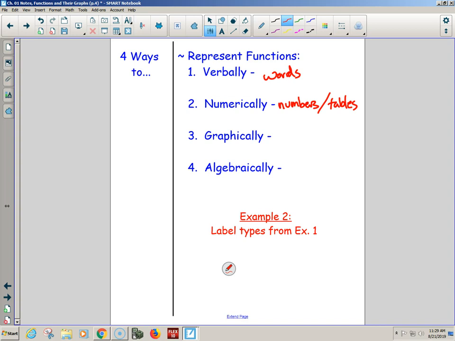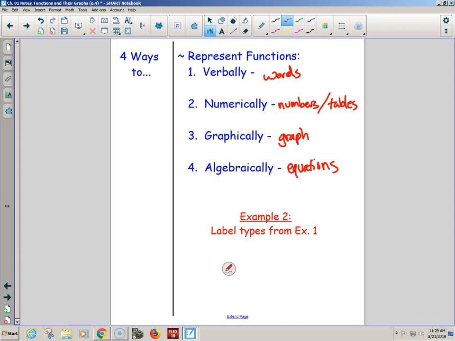It would still be a table, but it could be given to you different ways. If you went out in the street and did polls of people, you could have little slashes keeping track of who answered certain questions certain ways. That would be an example of numeric data, even though you don't necessarily have a table yet. Graphically, that's easy. Somehow it's in a graph. And then algebraically, don't say functions, just say equations. Somehow it's given to you in equations.